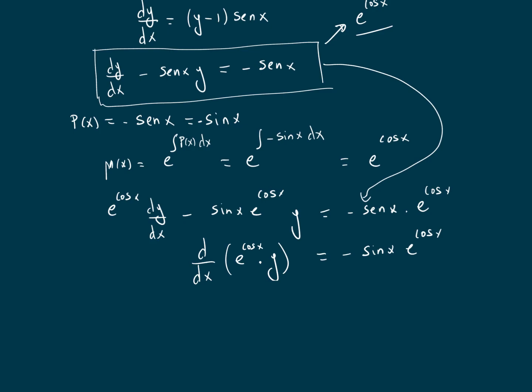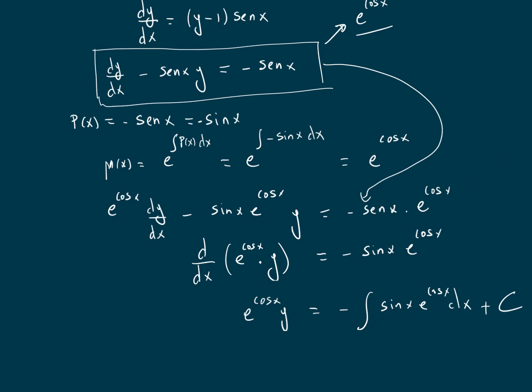And what is the advantage of doing this? Now I can integrate both sides of the equation. When I do so, I get e to the cosine of x times y equal to minus the integral of sine of x e to the cosine of x dx plus c. This c comes from the integral that I did here.